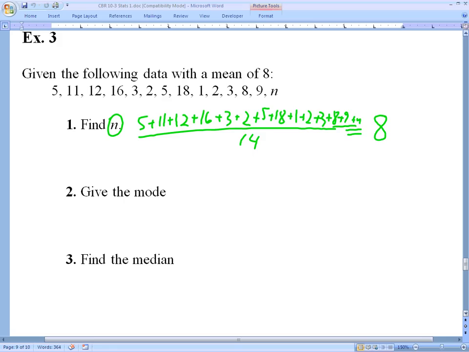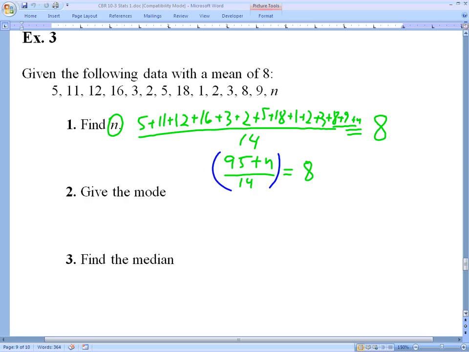And if you bear with me, I'm going to add these all up in my calculator. And I get 95. So I have 95 plus n over 14 equals 8. We're trying to get our variable alone. Two numbers keeping it from being alone.